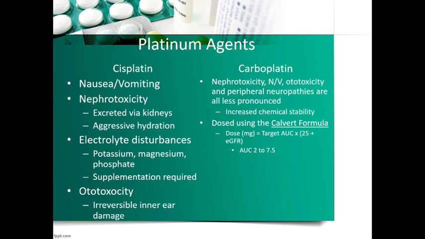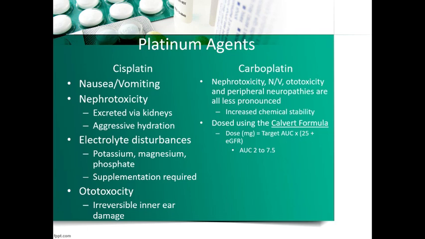Now carboplatin I kind of think of as cisplatin's little brother, has all the same attributes and features, but kind of toned down just a little bit. So still causes nausea, vomiting, and nephrotoxicity and ototoxicity, but they tend to be less pronounced. I do need you guys to remember the Calvert formula. So this is how we dose carboplatin.